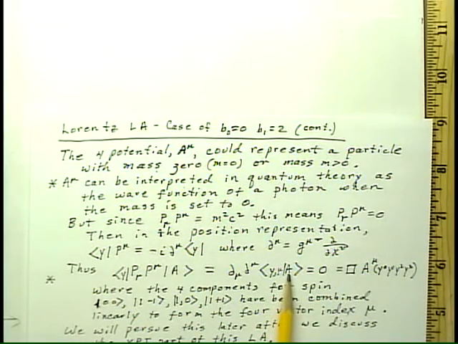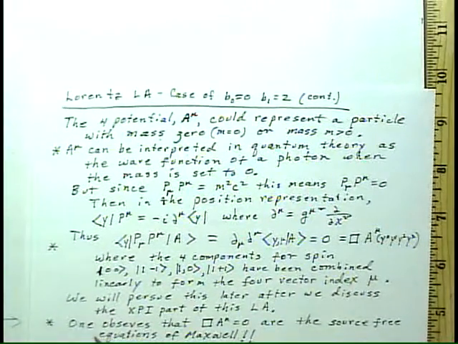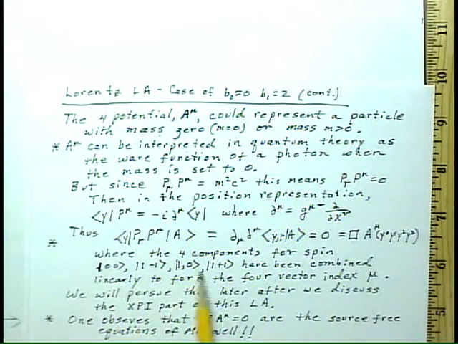And therefore the electromagnetic field picks up that spin from this state right here, which we'll discuss in greater detail in a few minutes. This object then becomes A mu of y0, y1, y2, and y3, in other words of x, y, z, and t. And in this equation, the 4 components for spin have been combined linearly in order to form a 4-vector with this index mu.